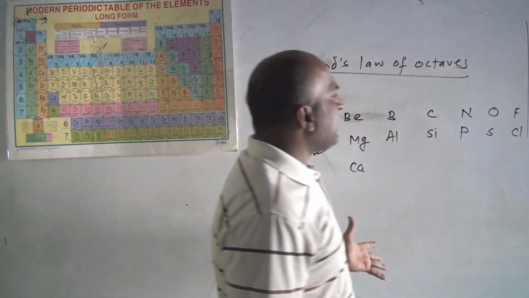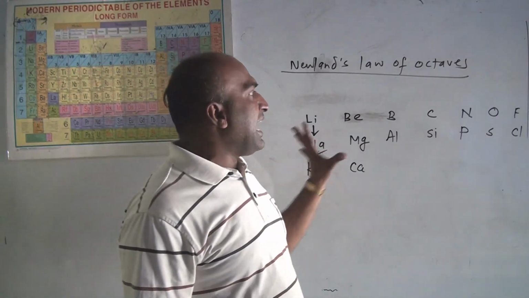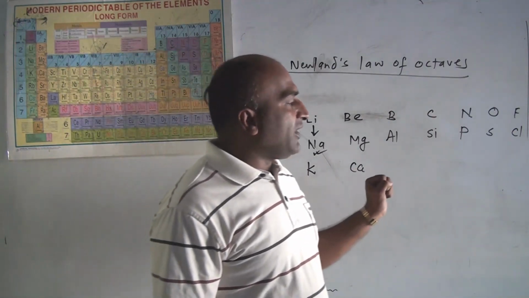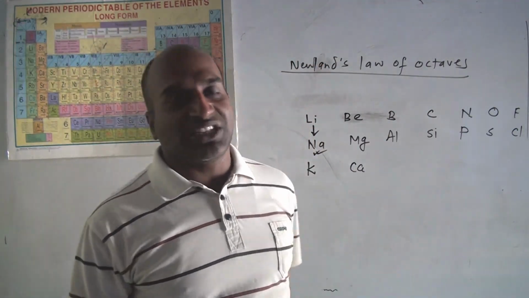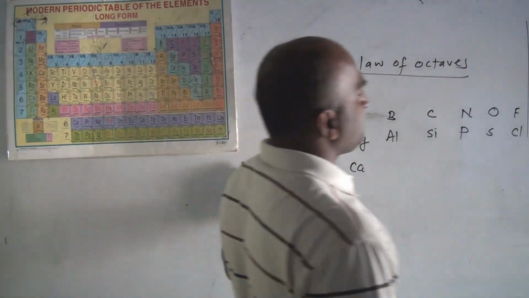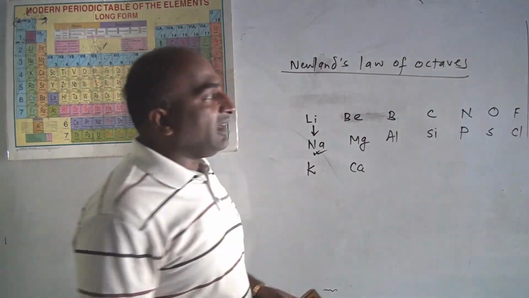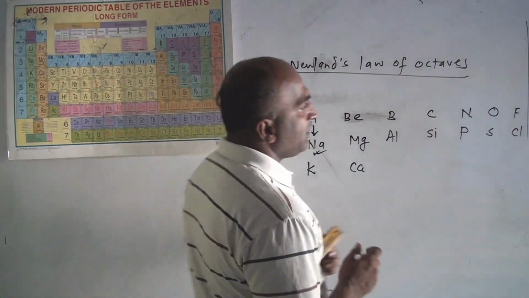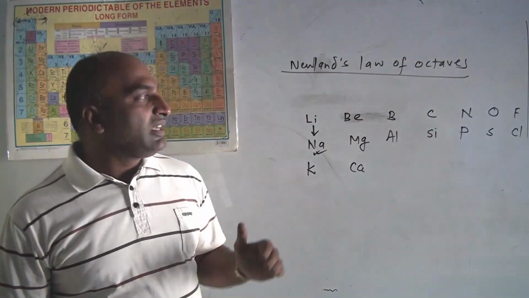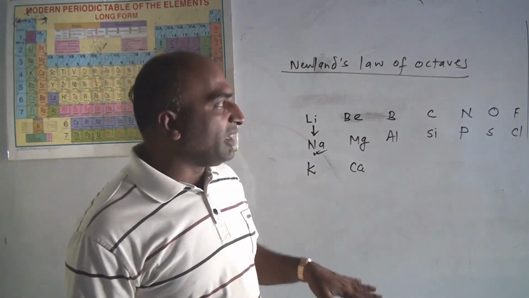Here we can see that different scientists, different chemists, arranged the elements in their own way to make the study of elements easier, more systematic, and scientific. Later on, it was Dmitri Mendeleev who, in 1869 AD, arranged the elements in the increasing order of atomic weight or atomic masses.